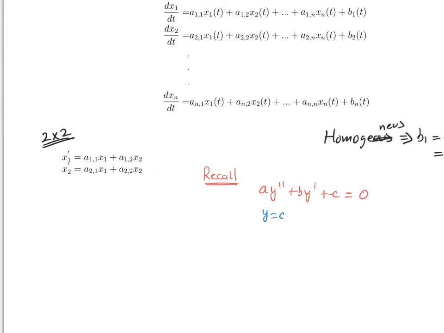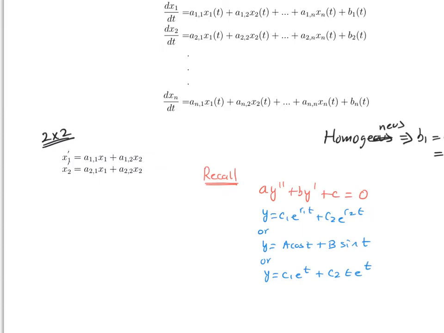The solution was equal to this, or the solution was equal to this, and finally the solution could be this. Okay, we have done this multiple times.